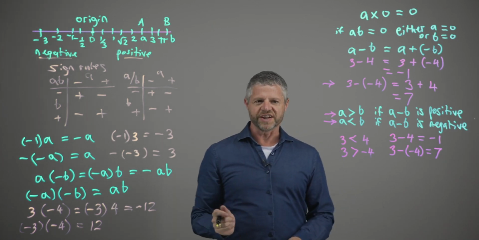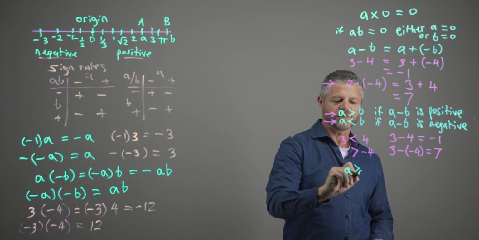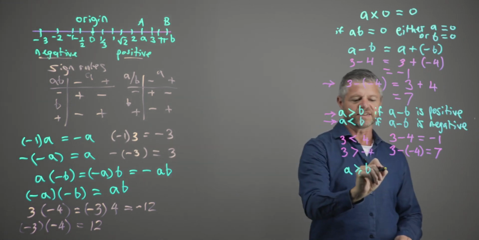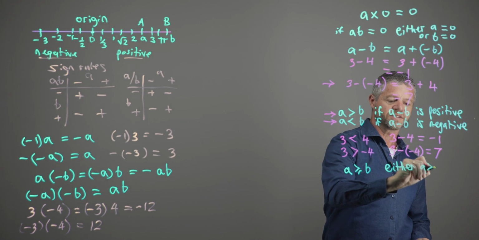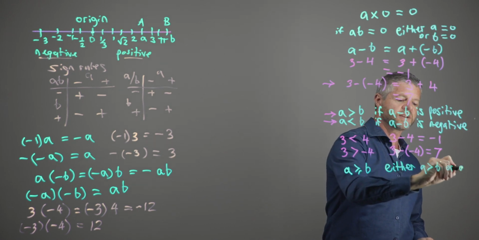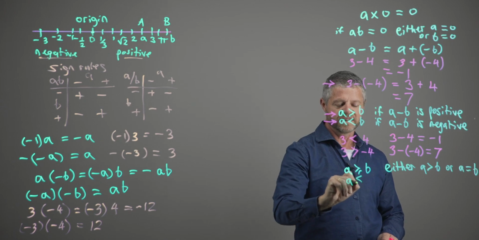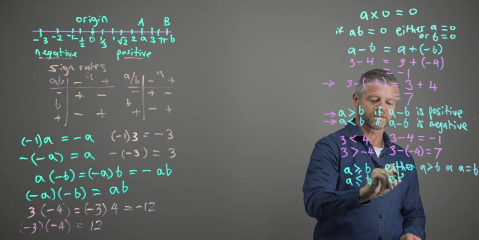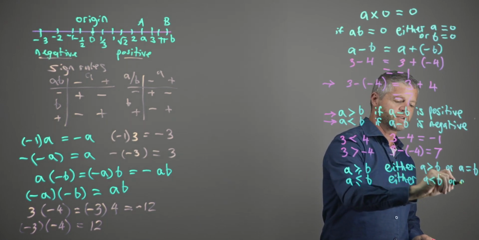There's also non-strict inequalities. So if we had A greater than or equal to B, that means either A is greater than B or A is equal to B. And then similarly, A less than or equal to B, either A is less than B or A equals B.